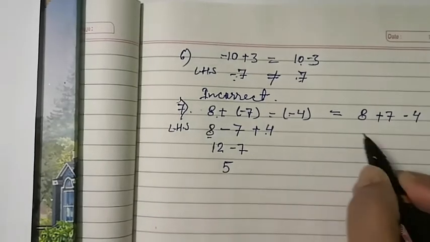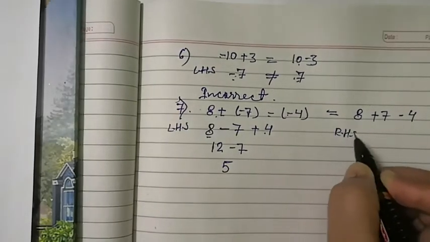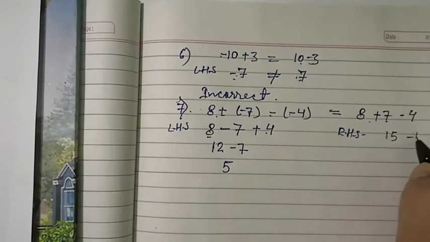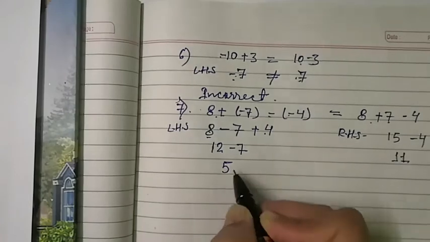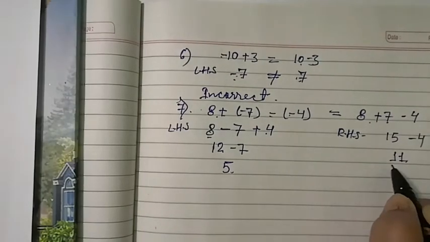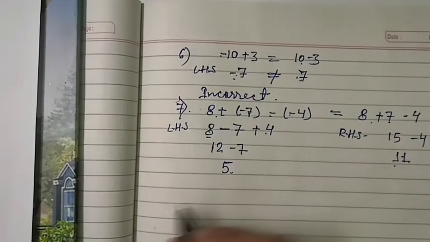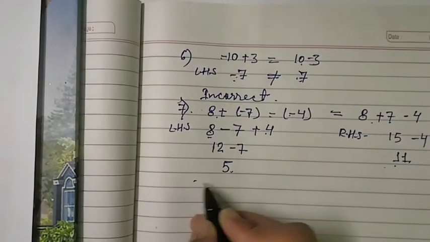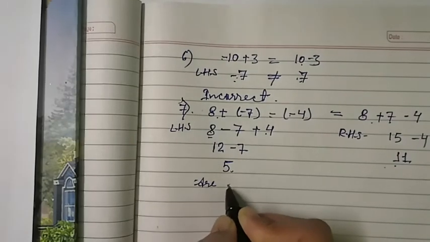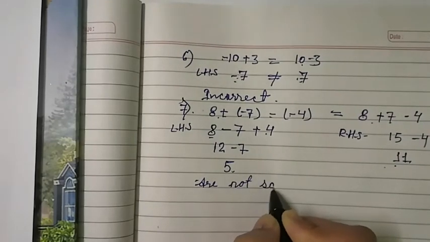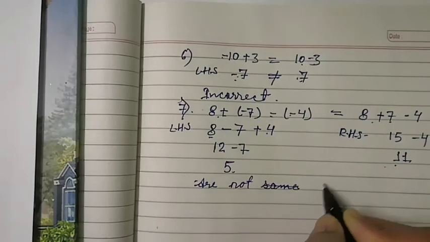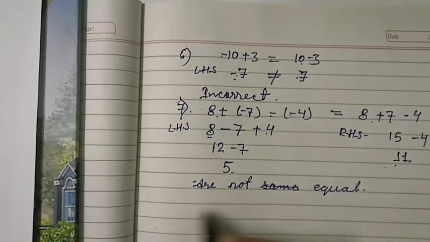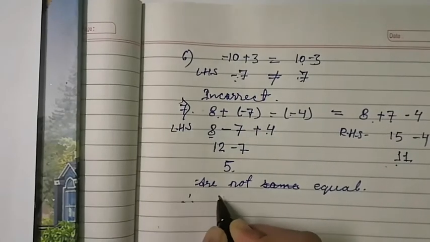Okay, now here take RHS. 8 plus 7 we get 15, minus 4 here we get 11. 5 and 11, are both the same? No, they are not the same. This is also, 5 and 11 are not the same, meaning to say not equal. This is incorrect.